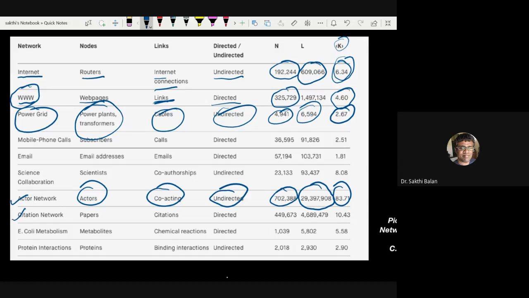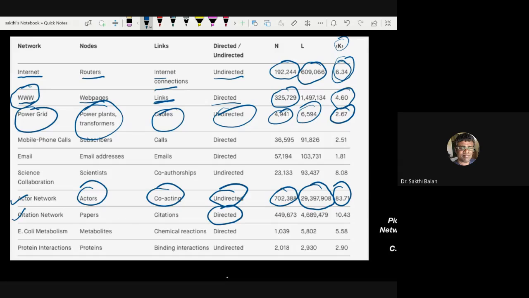Here the citation cannot be back and forth, it is not possible at all in citation. At one point of time, in 1977, one paper would have come, and in 1990 some paper would have come. The 1990 paper would have cited the 1977 one, but 1977 cannot cite 1990. The other way does not make sense at all. So it is going to be a directed graph. It cannot be an undirected graph.